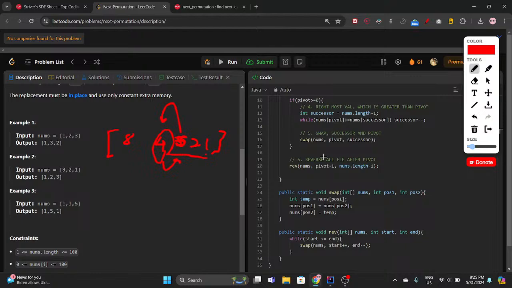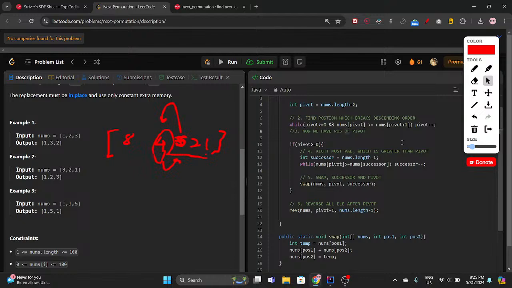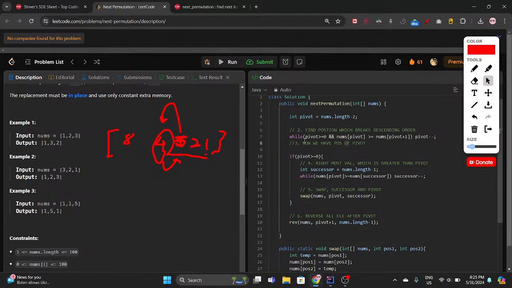How did we find the pivot? There is the pointer, you have to be familiar with it. If pivot is greater than or equal to 0, since this is the greatest, we swapped 8. 8, 5, 4, 2, 1.